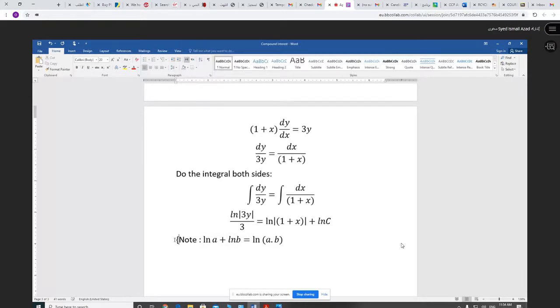If two logarithms are added, ln of A plus ln of B, you can write it like this. You will take ln one time and multiply both the functions. So this is what you will get in the next step. So you will multiply these two.